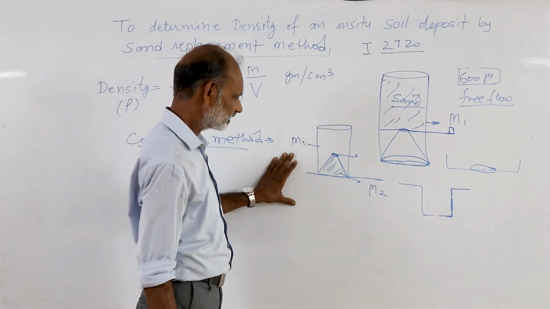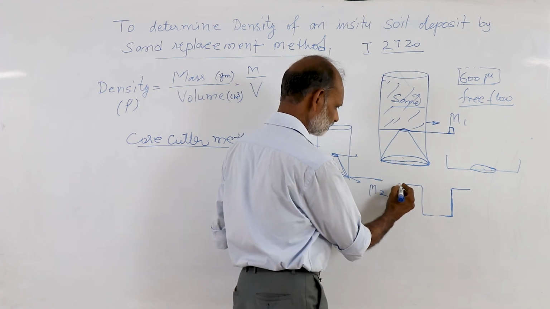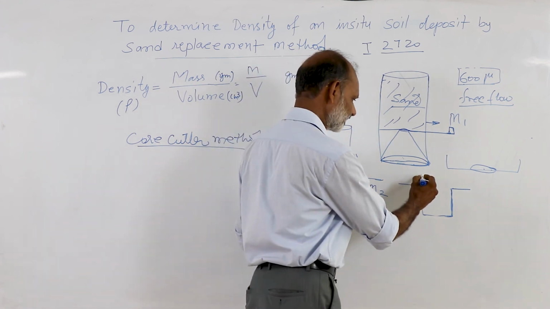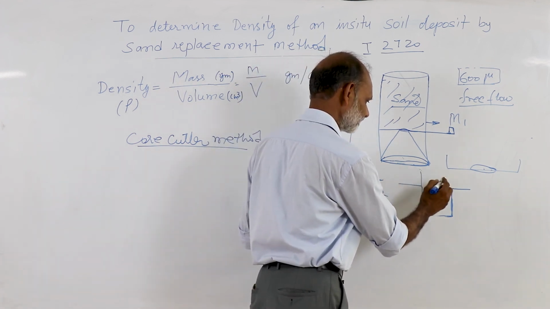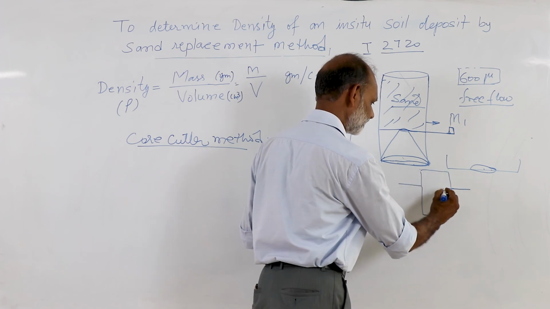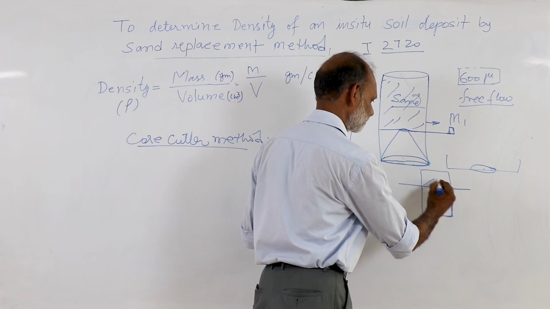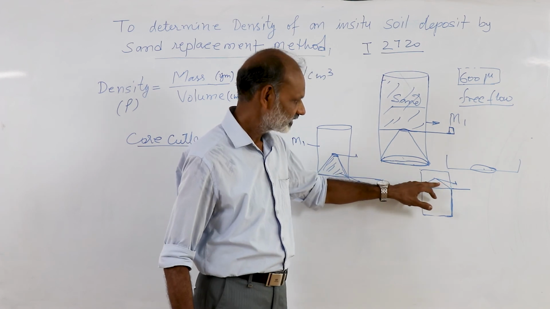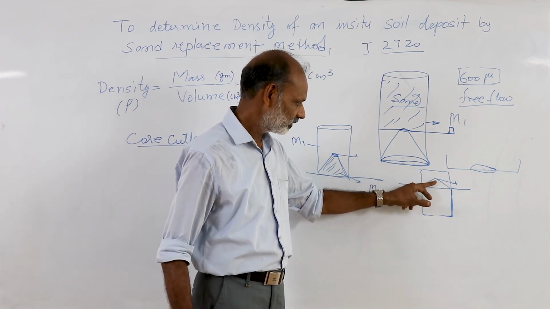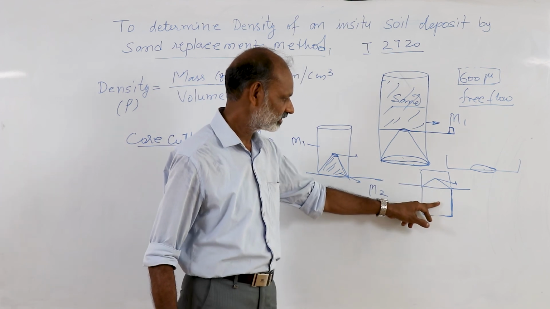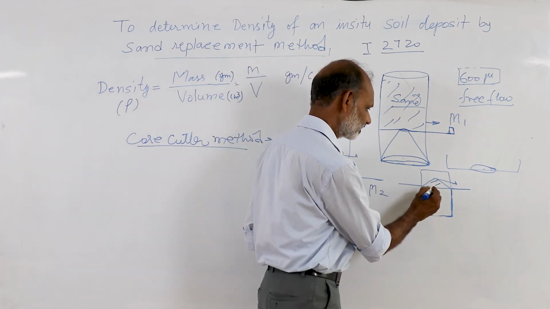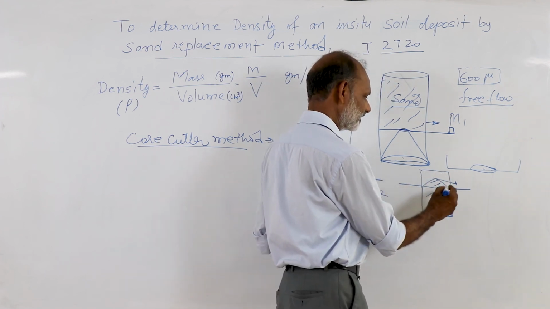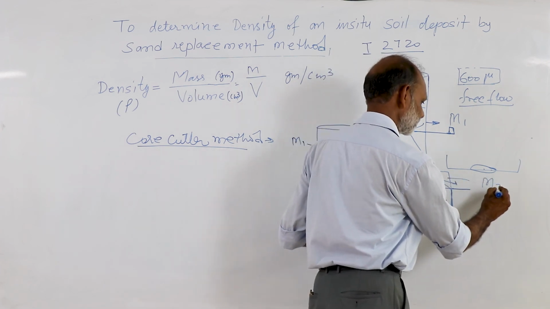Now for the third observation, we put this same cylinder with mass M1 on the calibrating container and open this shutter. So the sand flows from this cone and fills the calibrating container and the cone. After that, we take the weight of the remaining sand in the cylinder, M3.